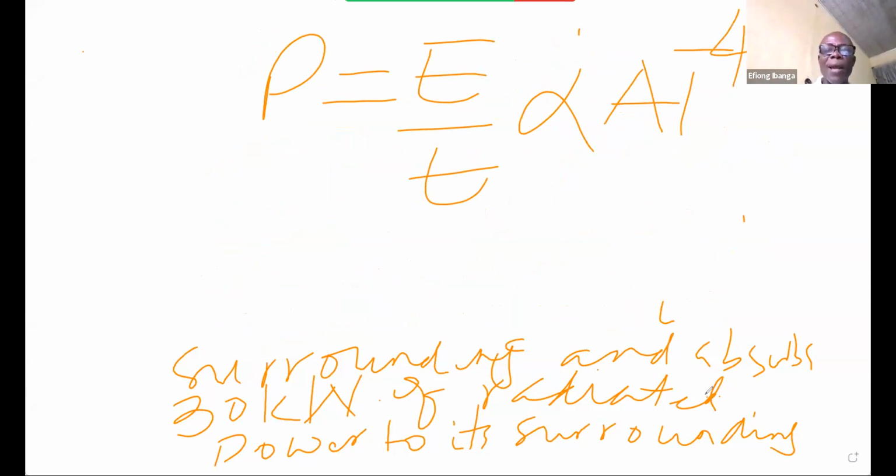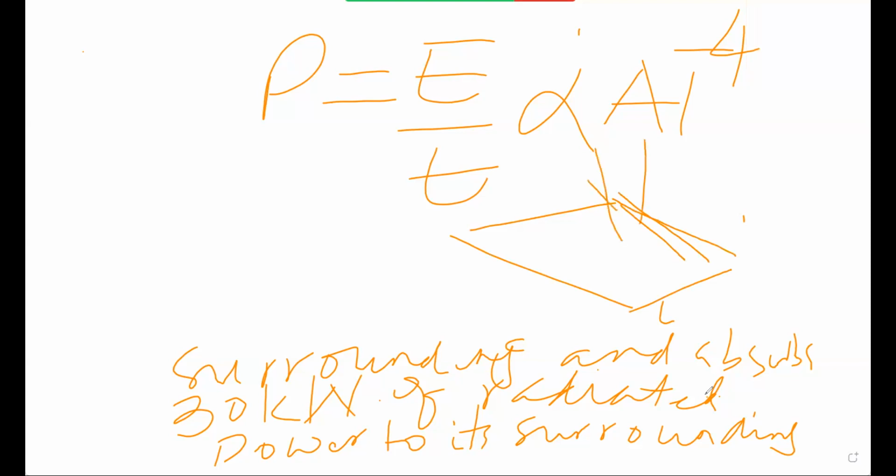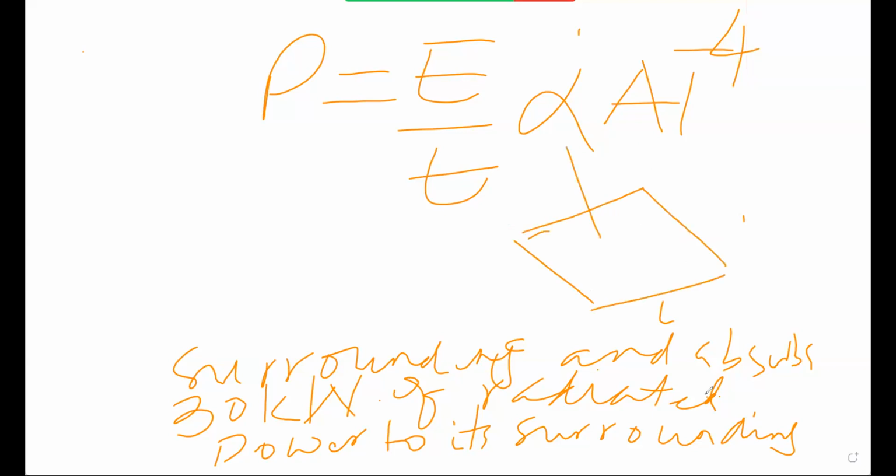Now, why area? You notice that if this is a collector of solar energy, let me draw this well so you understand. For instance, if I am having a solar panel like that, this is a smaller one, like that.